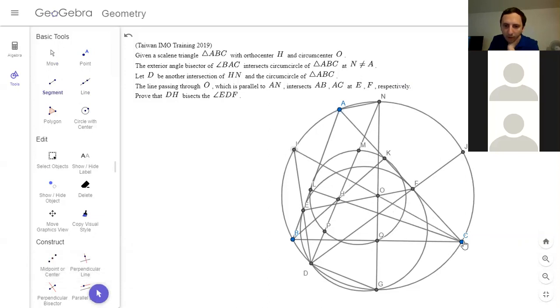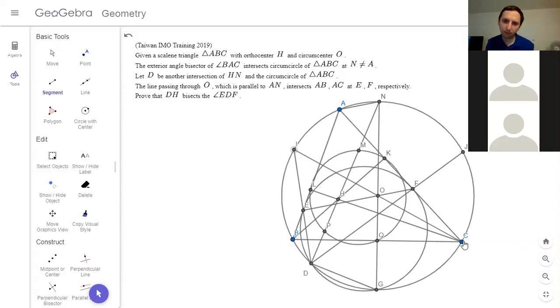IO, let's see, IC and GN meet at O, ID and AB meet at E. So let's see, BGC, oh, we would need to draw IG, I think.